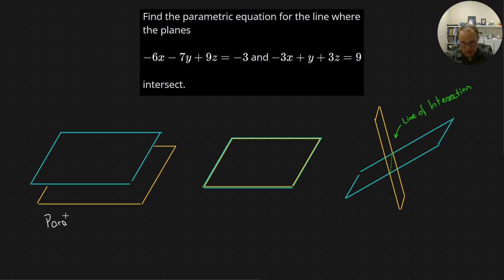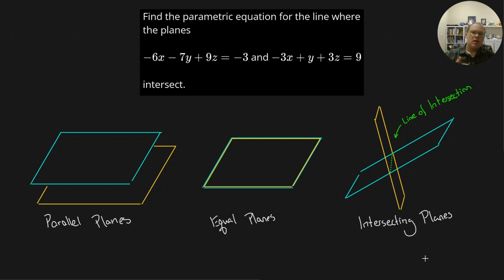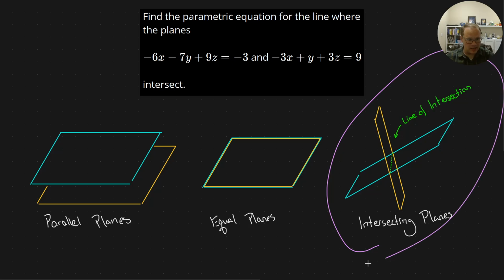Either parallel planes, or equal planes, or intersecting planes. Because of how the equation is phrased, we can assume that this is the case that we're dealing with here, that our 2 planes are going to intersect and are going to form a line, okay?